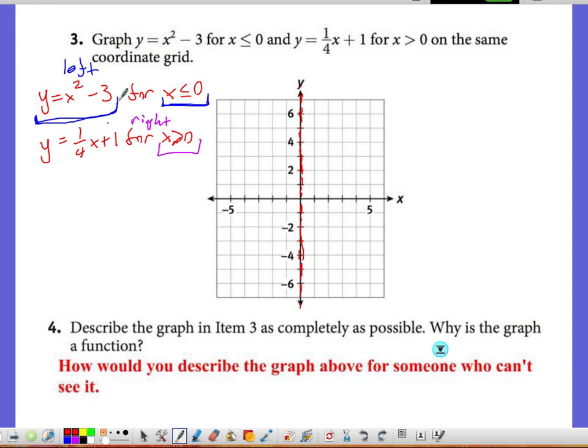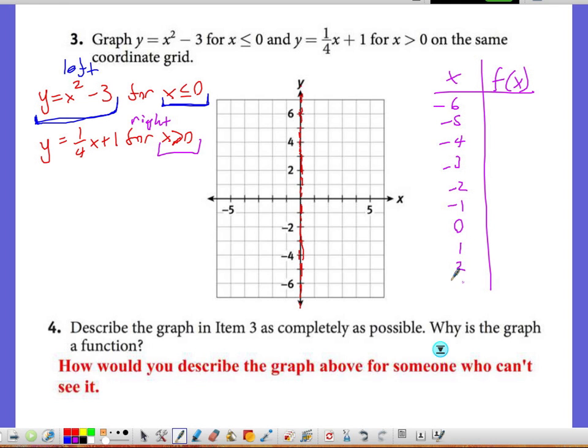Now, I recommend that you actually create a table in order to graph these. So if we create our table, we have our x and our f of x. And since our graph begins at -6, -5, and we'll just continue all the way to 6: -5, -4, -3, -2, -1, 0, 1, 2, 3, 4, 5.